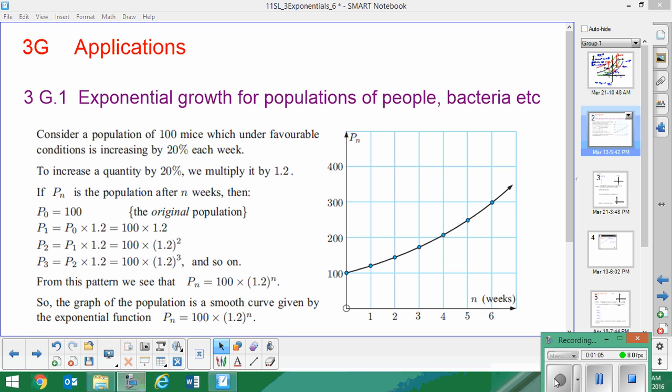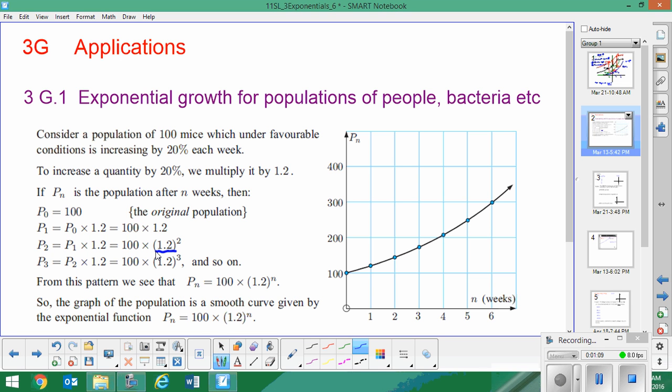And we see this pattern where we're multiplying by our factor of 1.2, and after 3 weeks, it's 1.2 cubed. So we're going to come up with our formula of P equals 100 times 1.2 to the n, where n is greater than or equal to 0, because we are starting from P0, our initial population.